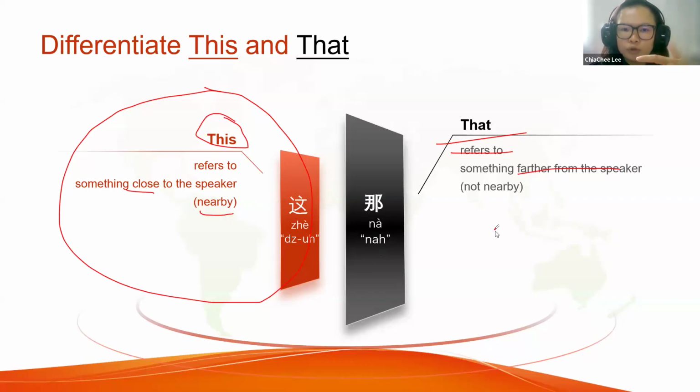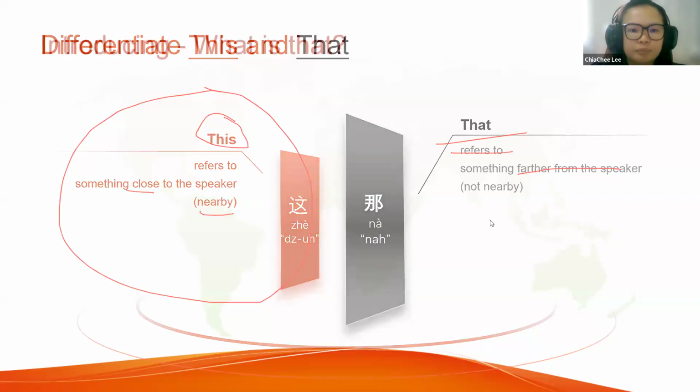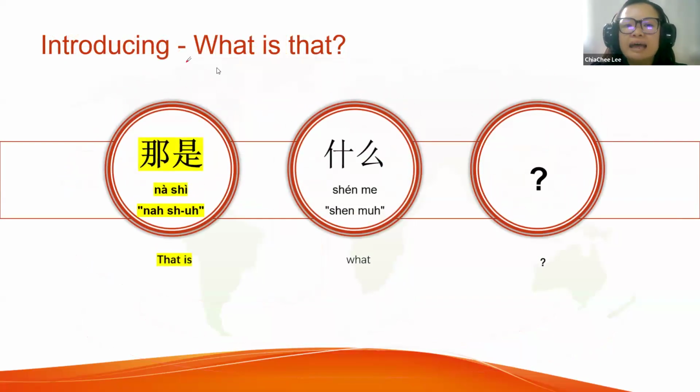This and that. So we use the same example with some modification. Please bear with me. We ask 那是什么? What is that? 那是什么 is the reverse pattern of English. Direct translation will be that is what. 那, na. 那是, 是 in the fourth tone. 那是什么? 什么 is what.